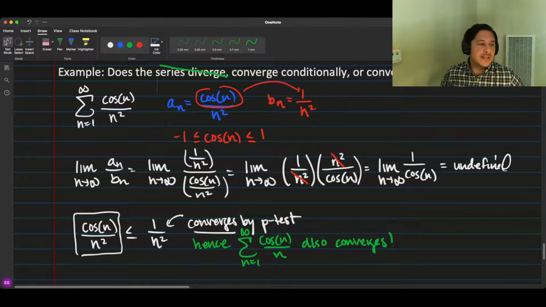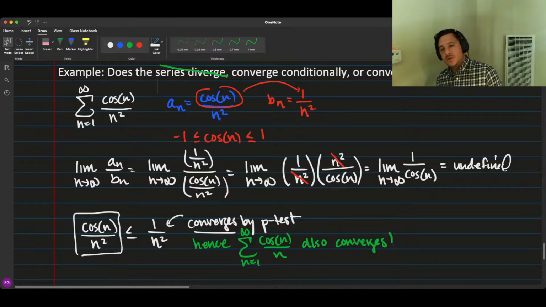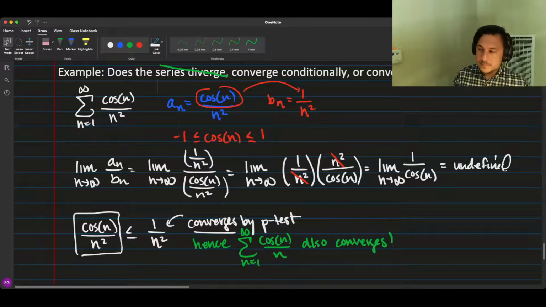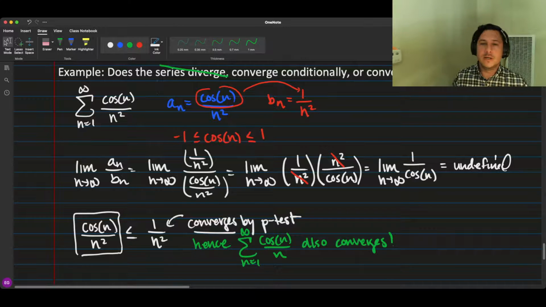Okay, so does that make sense to everyone? We know that this series converges. We now wonder what sort of convergence we're dealing with. And we didn't have to use the limit comparison test. We just used the comparison test. So I just want to pause. Does it make sense to everyone that we've excluded that it diverges?